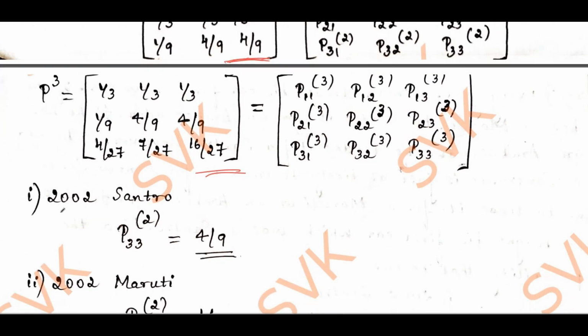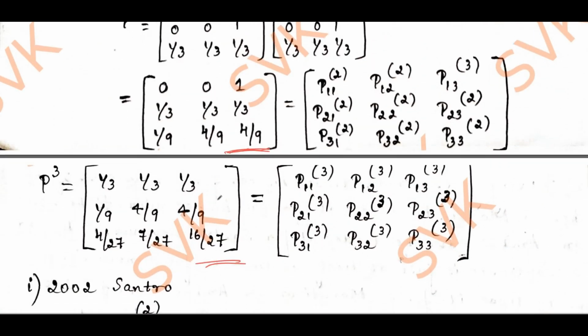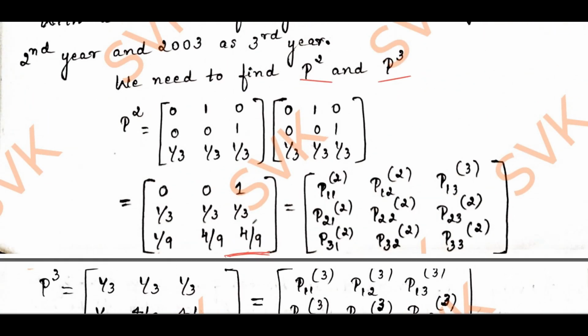Going with the first question, in the year 2002 he is having Santro. So we need to find out P33 upon 2. For the second year, P33 Santro is given by this value.